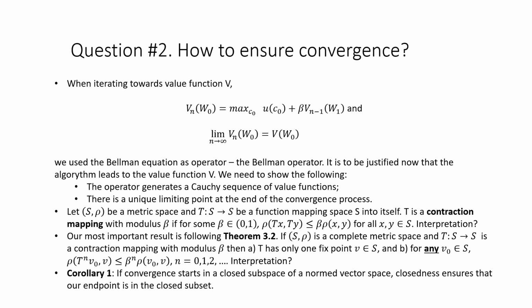So it is a contraction mapping with modulus beta if T has only one fixed point, v, and for any starting point, v0, the repeated application of the operator leads to consecutive approximations to the limiting function, and these approximations get closer and closer to the limiting function.